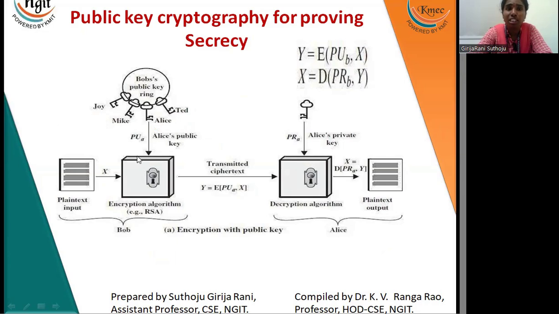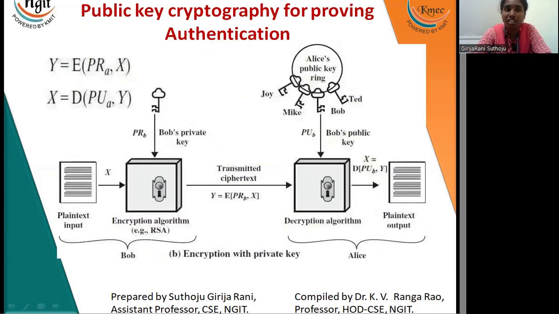Now, let us move to the next concept, that is public key for proving authentication. But authentication will be having one problem. Now, let us discuss that also. Public key cryptography for proving authentication. When I am saying authentication, it means who is sending the data, right?